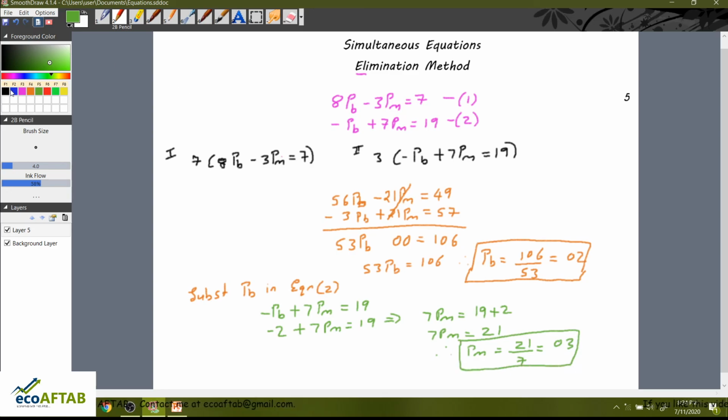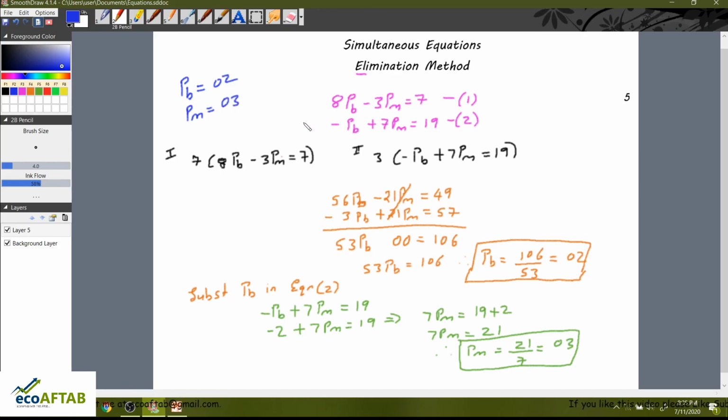So what we wanted to know through simultaneous equations was the value of the unknowns. So the value of unknown PB, I can say price of bananas is rupees 2 and price of mangoes is rupees 3.